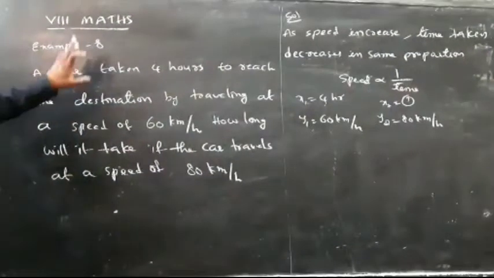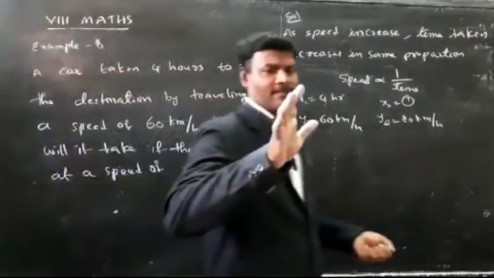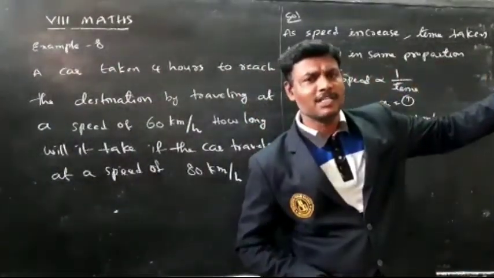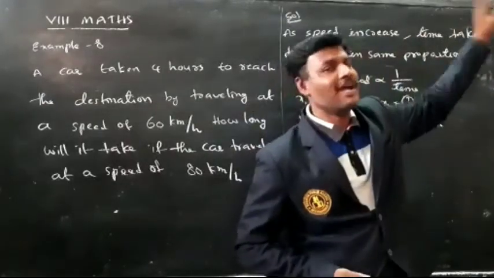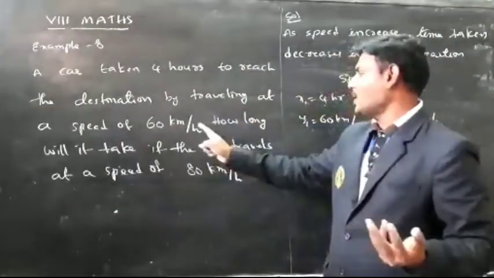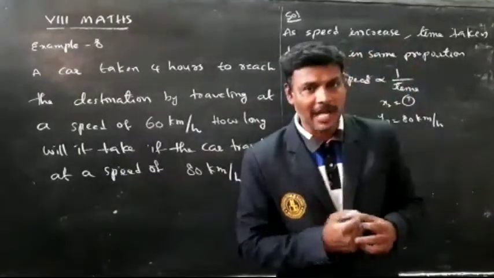A car takes 4 hours to reach the destination. Here there is one car, traveling at 60 kilometers per hour speed. It took 4 hours to reach the destination. That is case 1. In case 2, what happens the second time? The speed of the car increased to 80 kilometers per hour.